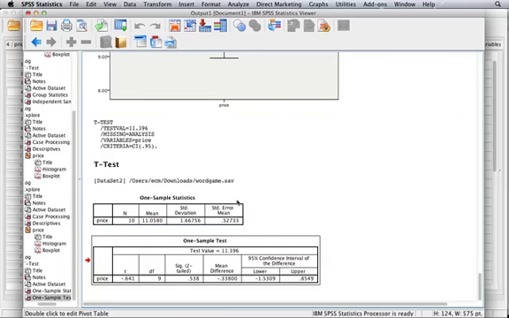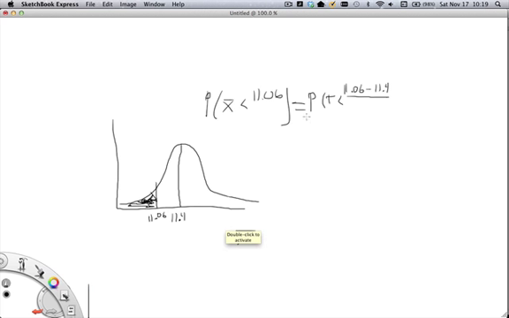Well, let's go get our standard error. So the standard error is given to us right here, 0.5273. I like to write my standard error next to the distribution. So that's our best estimate of the standard deviation of that distribution.